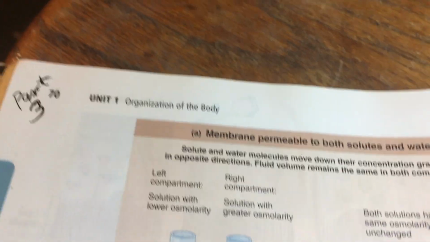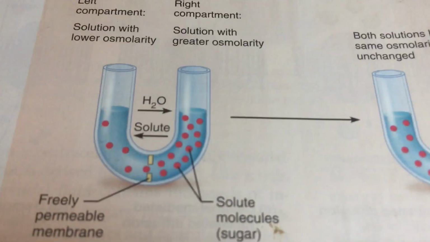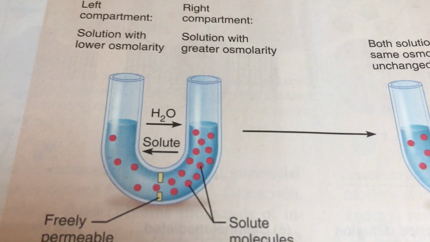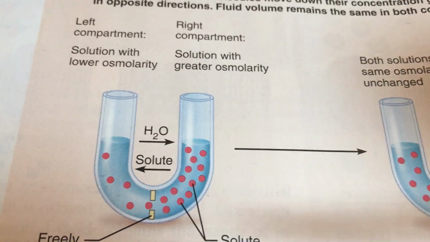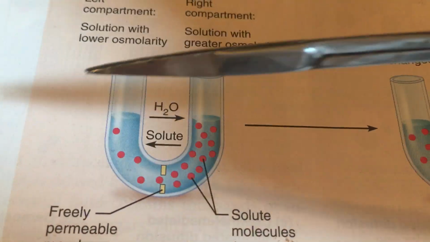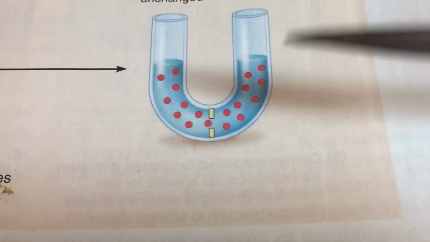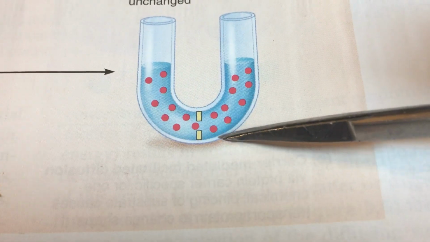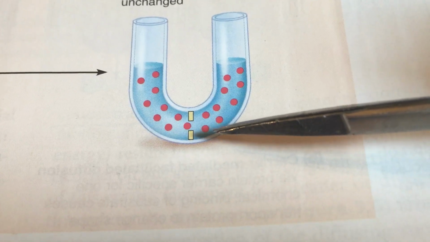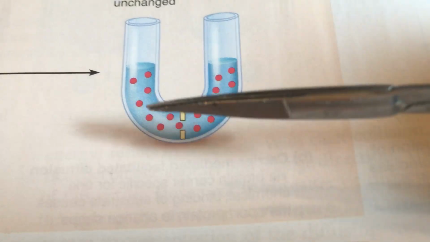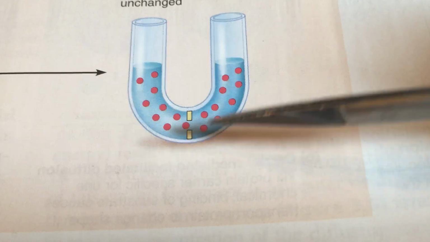So the situation that we have here then is that the solute can move this way and the water can move that way. That's exactly what happens: the solute can penetrate the semi-permeable membrane, and now you're seeing that the solute has distributed itself as well.